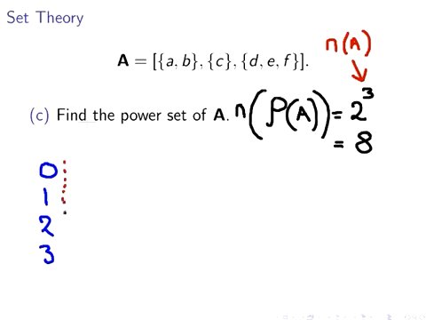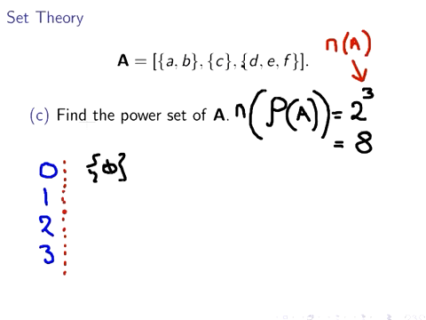So, splitting it up into components: the elements of the power set of cardinality 0 is just the empty set itself. That's the only element of cardinality 0.